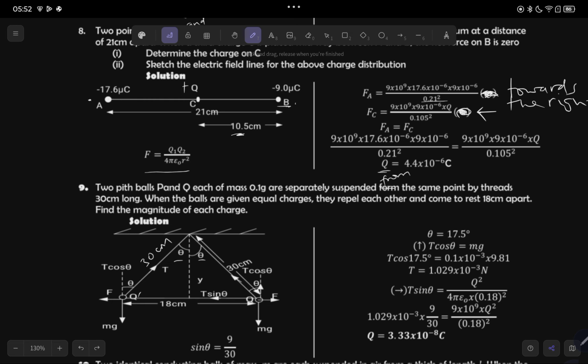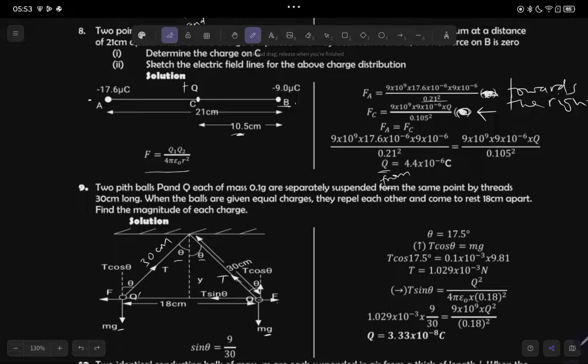Each of these masses will have a weight mg, and since they are being supported by the string, the strings will have tension T. What is keeping them apart is the electrostatic force, which we are showing by F, a force of repulsion, pushing them from one another.